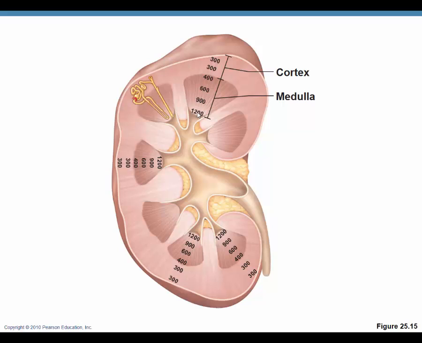And the fluid in the loop of Henle is also very concentrated at the base. If we look at the fluid inside of this loop of Henle, it's 300 at the top here, and as we dip down toward the apex, the osmolality inside the loop of Henle at the very base is 1200. And we're going to explain why that is today.